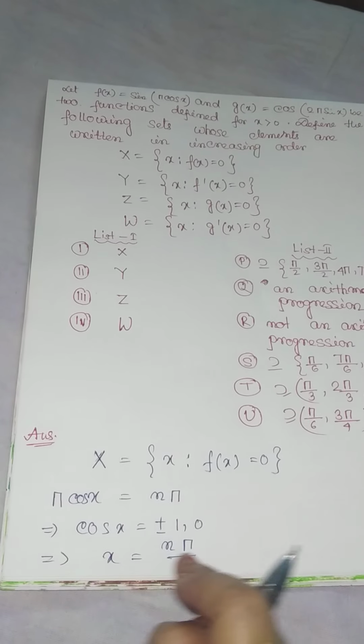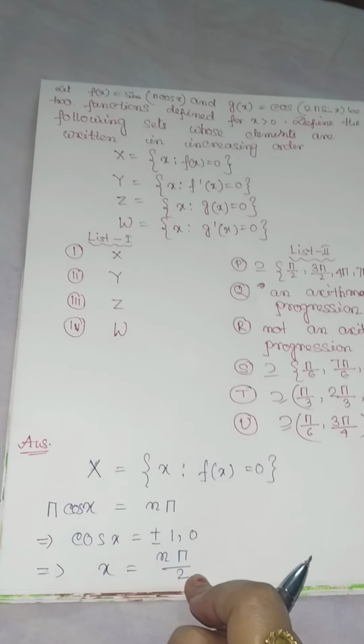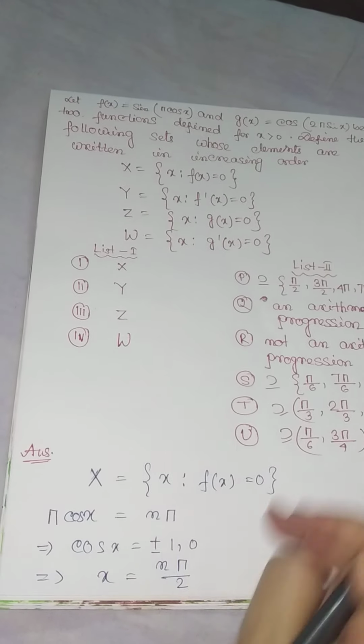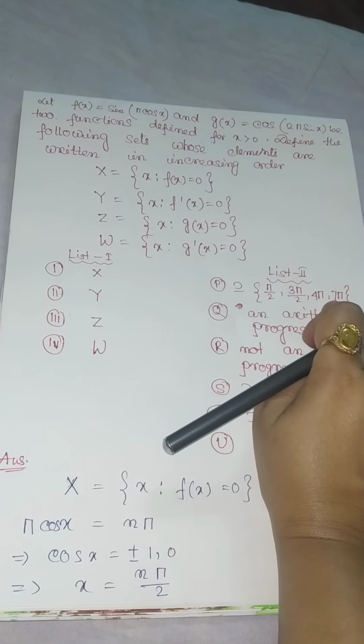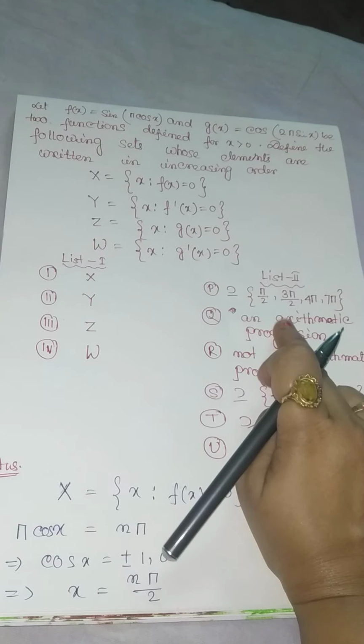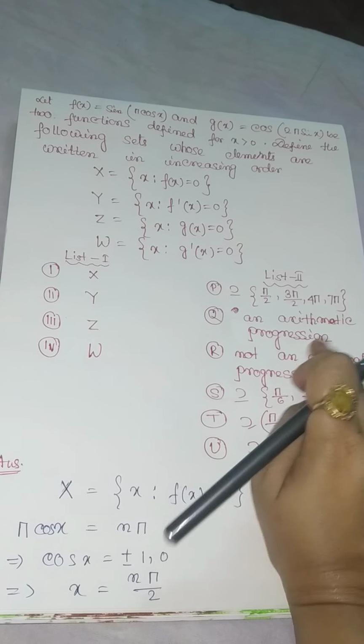As x = nπ/2, our option one is a subset of {π/2, 3π/2, 4π, 7π}, and it is also an arithmetic progression.